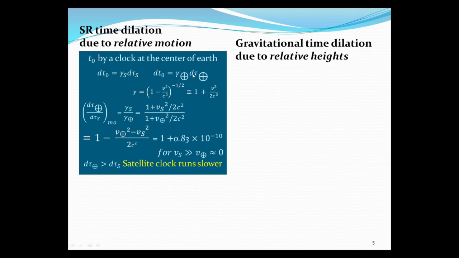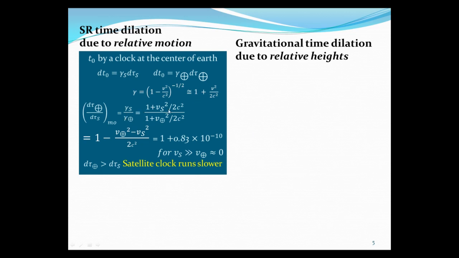Same way for a clock on the surface of Earth. And again, this formula we just saw in the break exercise. Now, because T is the same, the ratio of the proper time on the Earth compared to the proper time on the satellite for relative motion is the gamma factor ratio, gamma s over gamma Earth.